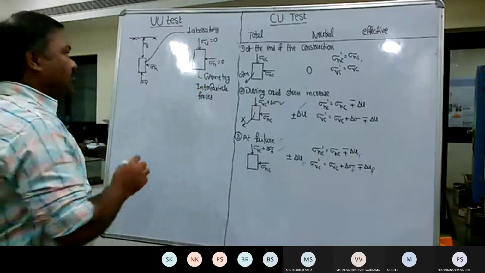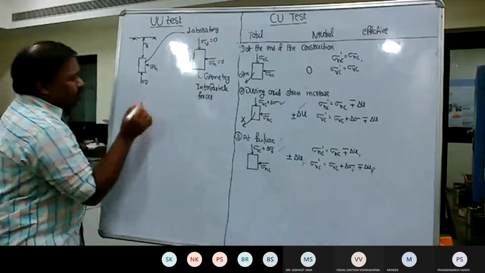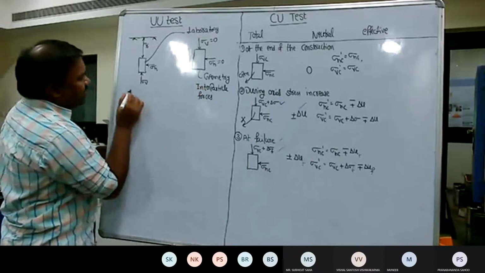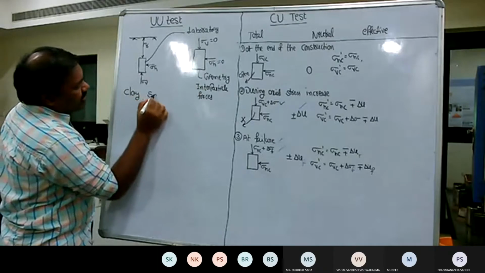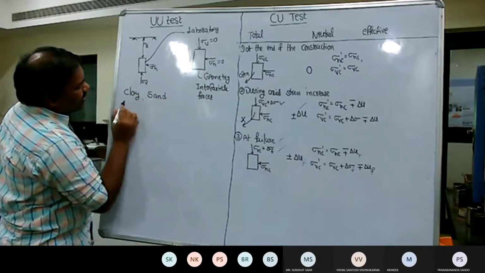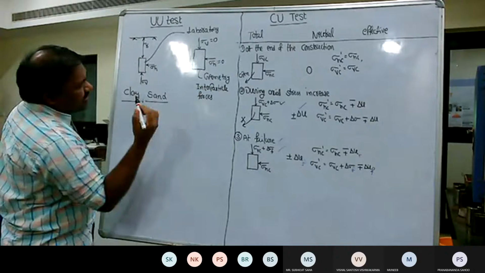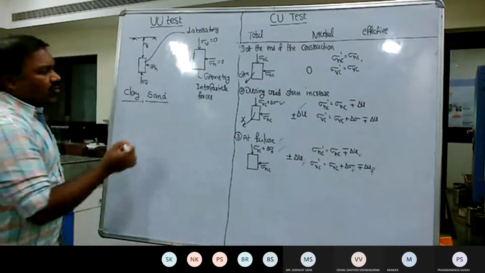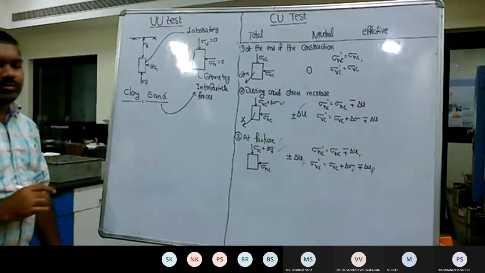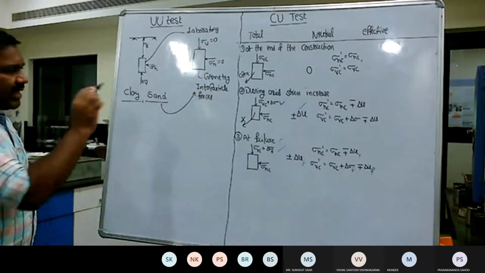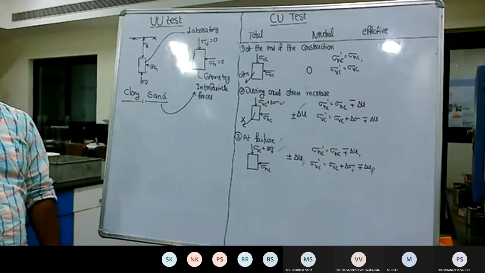I will ask a simple question. Now I will take two varieties of samples: one is clay and another is sand. I have taken the clay sample separately and the sand sample separately. Can we correlate the impact of these interparticle forces? Can they exist, first of all?